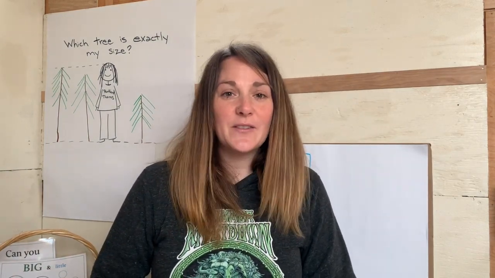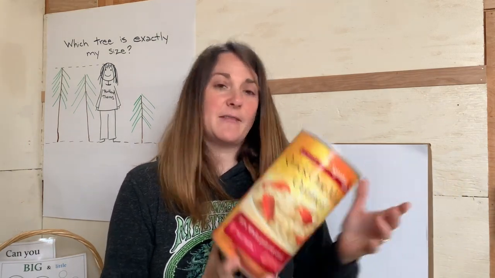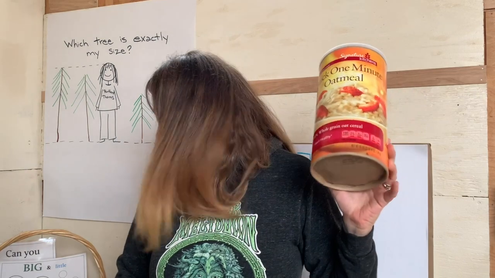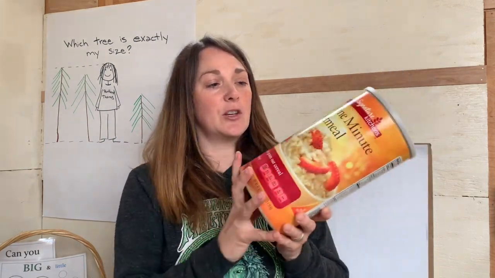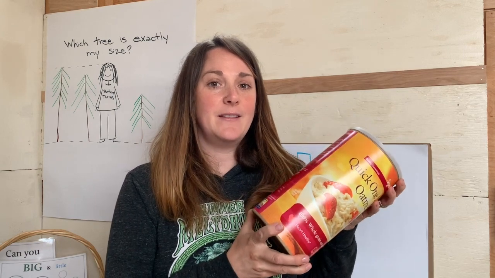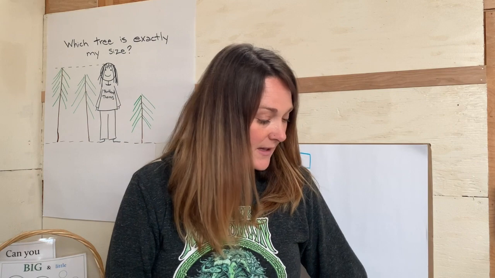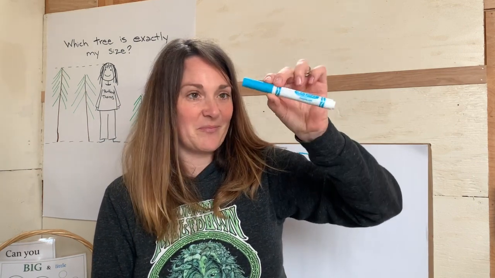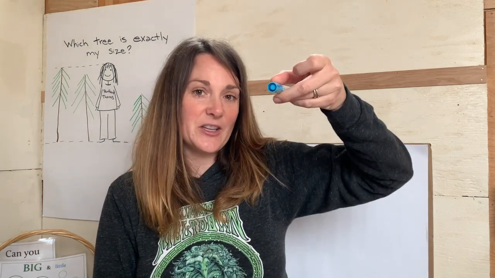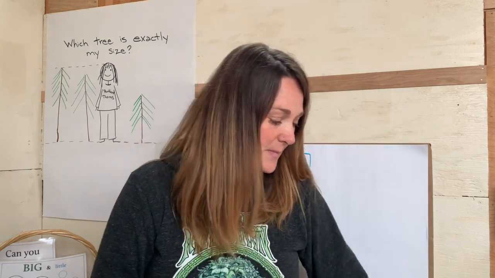So there are lots of different shapes in your home. You might look in your cabinet and find an oatmeal box or other items that look like a cylinder. Maybe a can of soup or other things like that. Maybe a marker reminds you of a cylinder, has a circle on one side, circle on the other, connected by a tube.